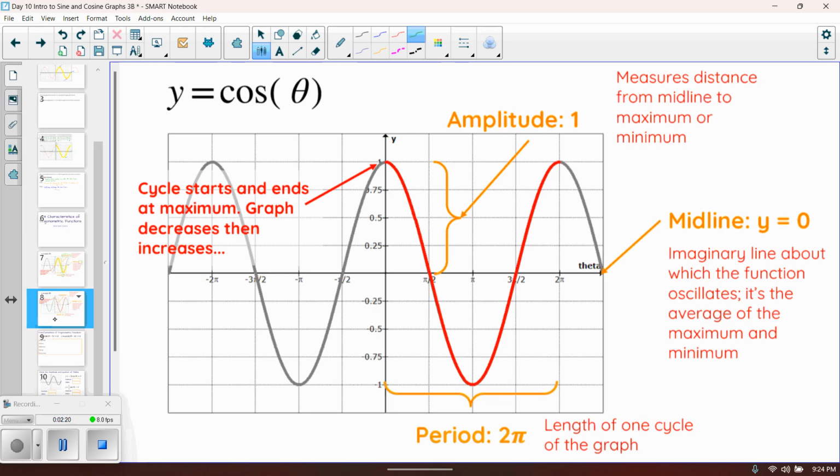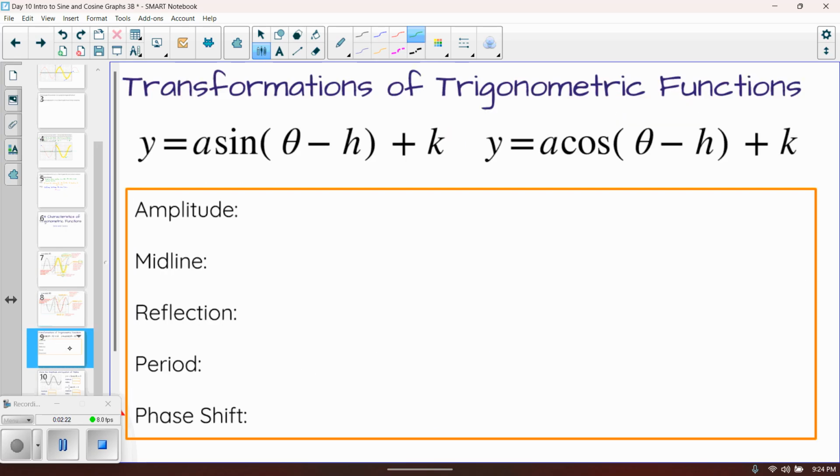All right, so let's look at how these things are going to be transformed based upon the actual equation, because the important part is, can we do this from an equation? Seeing it from a graph isn't going to be difficult, but seeing it from an equation might be a little more challenging.